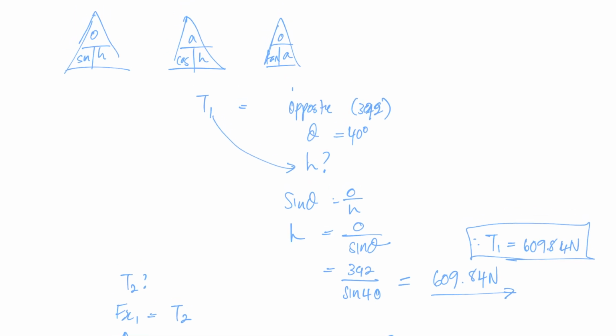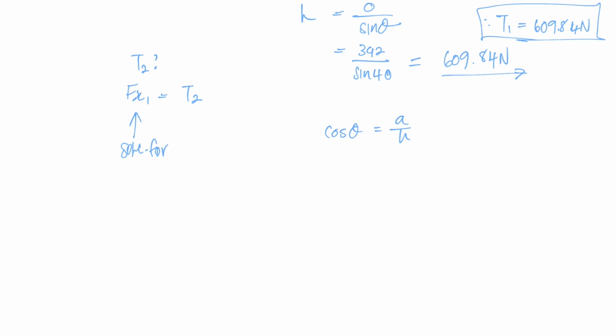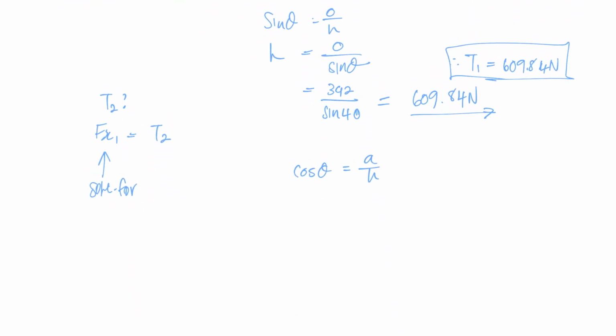I want adjacent, so I can see what my formula is going to be: adjacent is equal to hypotenuse times cos theta.